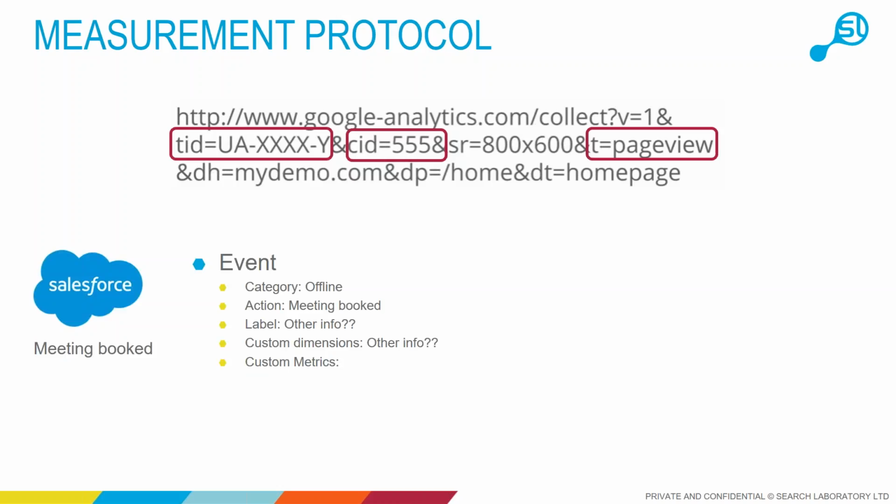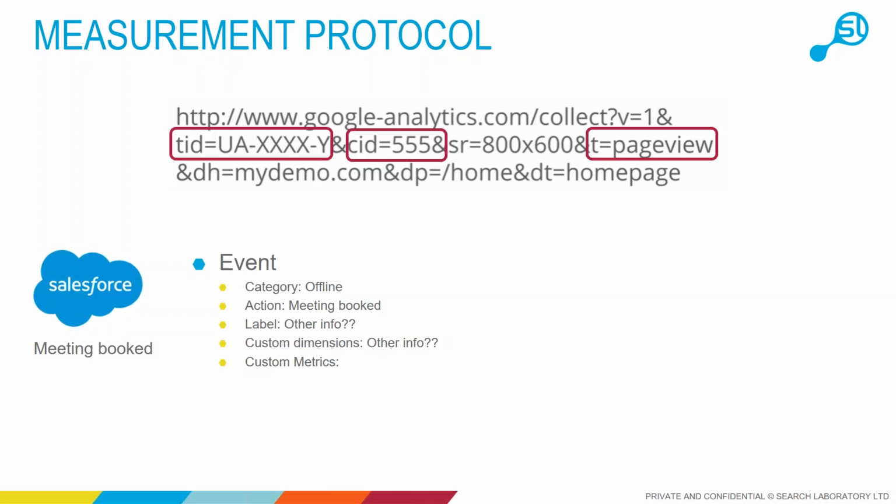Just to illustrate further what you might send using the measurement protocol, this is an example using Salesforce. You might have a salesperson that books a meeting, and when they do that, they'll click a button in Salesforce to set up a meeting record. On that event, you would want to run a script that pushed, in this example, a Google Analytics event, and you might set parameters on that event of offline meeting booked and any other information.